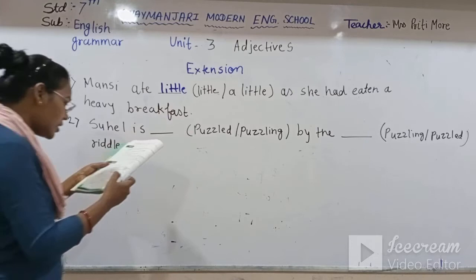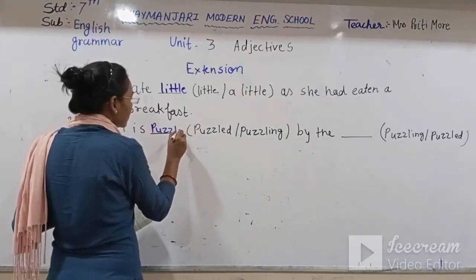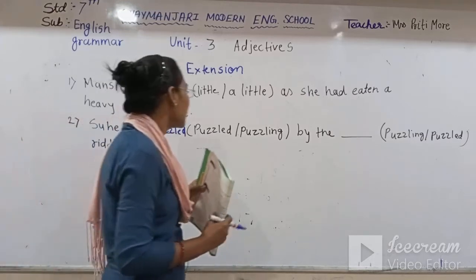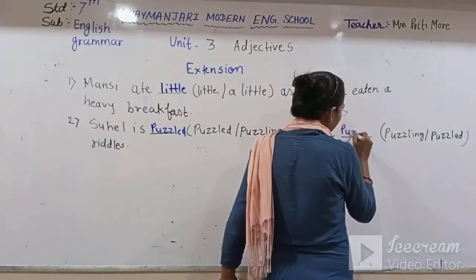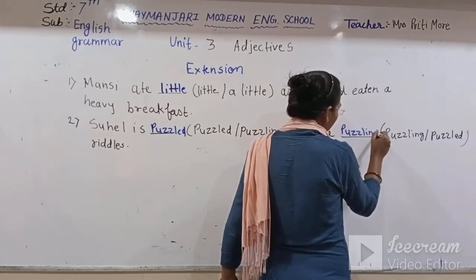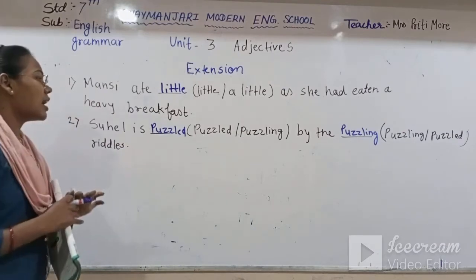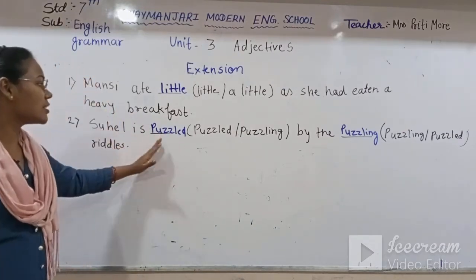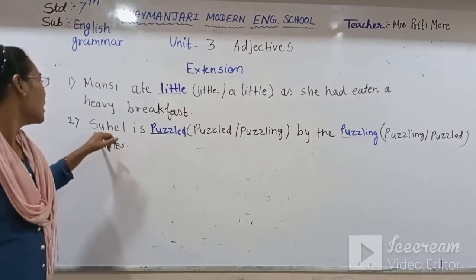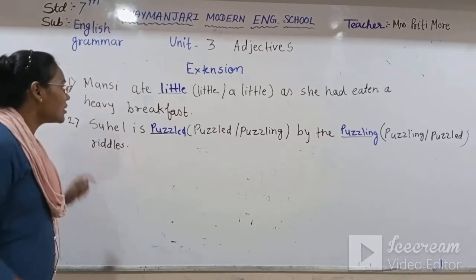What will come there? Suhail is puzzled by the puzzling riddles. This is our appropriate confusing pair which we used here. This is the correct option. So, Suhail is puzzled by the puzzling riddles.